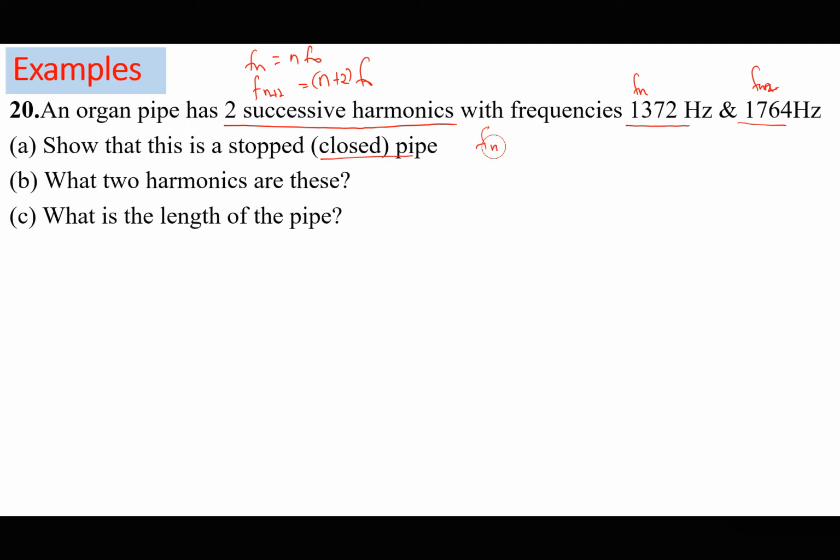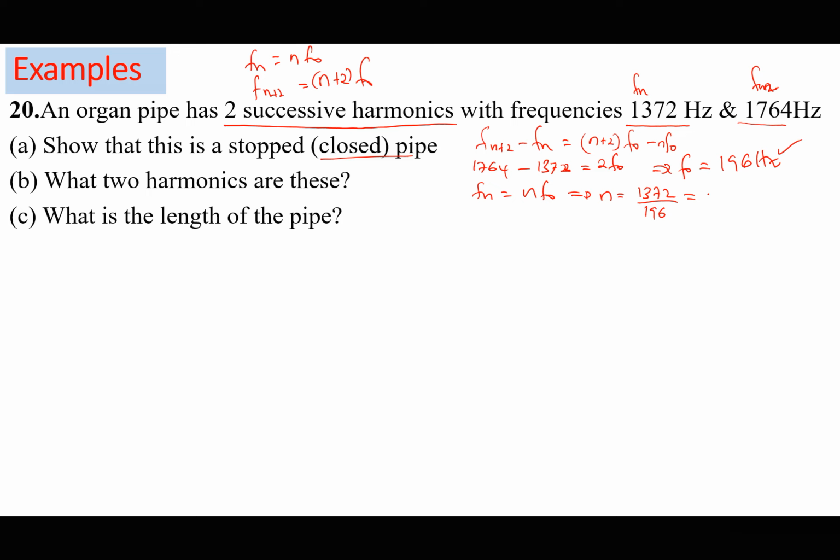So the fundamental is 196 hertz. So let's try to check the values of n using the first one. What is the value of n for the first one? So fn equals n times f naught, which means n is going to be fn, which is 1372, divided by the fundamental, which is 196. This gives me n as being equal to 7, which is an odd number.